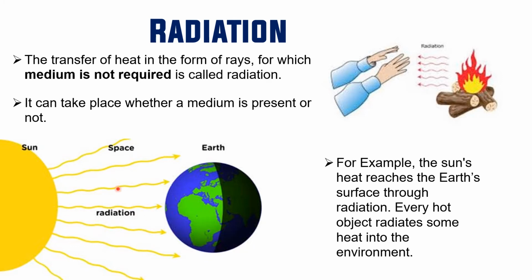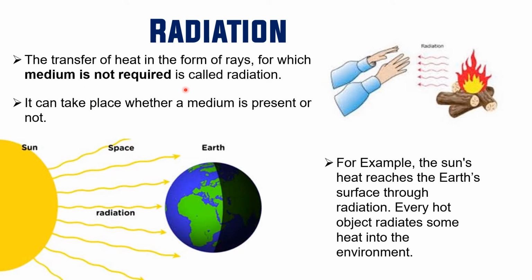This area is space. That space has no medium, no air, nothing is there. So radiation passes through that space, which has no medium. That is why we say radiation does not require any medium.